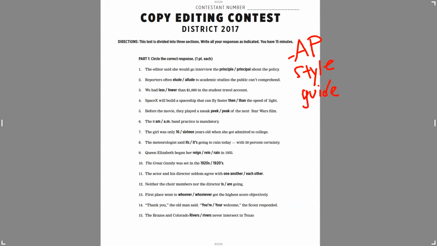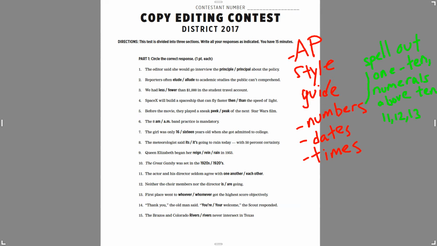And that includes how we handle numbers, how we handle dates or years, and how we handle times in journalism. Because journalism has very specific rules about this, and these are some of the rules that you just need to know. Out of that whole thick style guide, you really need to know the rules about these things.